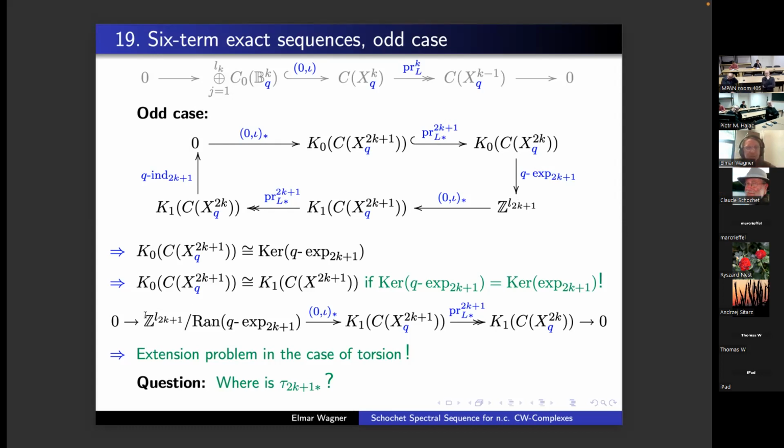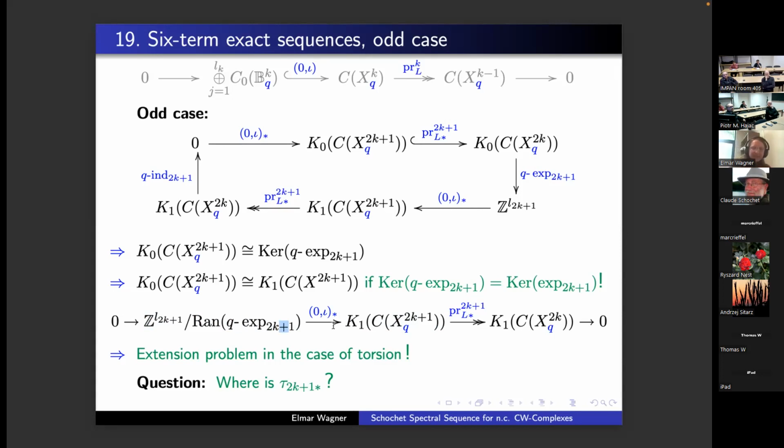But again, now for the K1, I get this exact sequence. I have the same groups in the corners. I suppose that the exponential map, classical and quantum, is the same. So this is the same group as in the classical. K1 is by induction the same group, but I can't guarantee that K1 is the same, because if there's torsion, I don't know how to recover from this exact sequence K1 of the newly constructed CW complex.